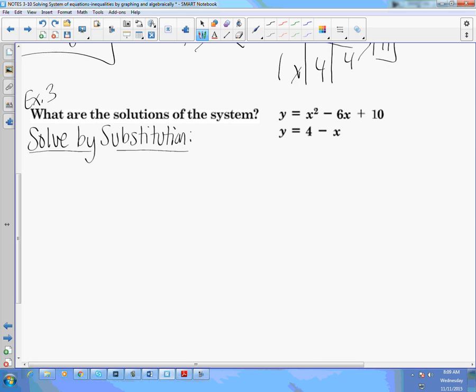Okay, something for substitution you have to make sure to set up is that at least one of the equations has to be solved for a variable. So at least one equation needs an isolated variable.